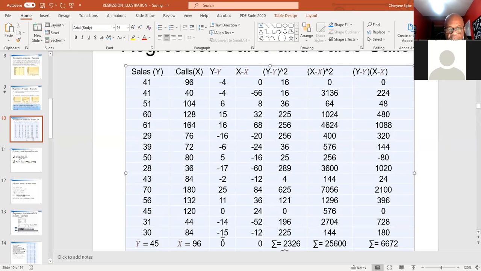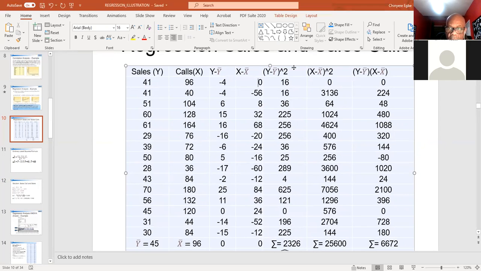You do that for every value, and then you get the square. That is, you multiply each of these values by itself, and you get the sum. You do the same for X, and then you multiply Y minus Y bar times X minus X bar.